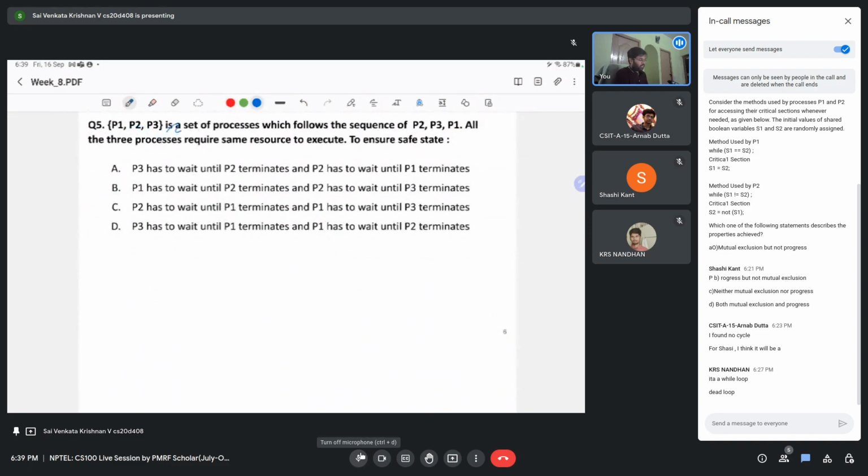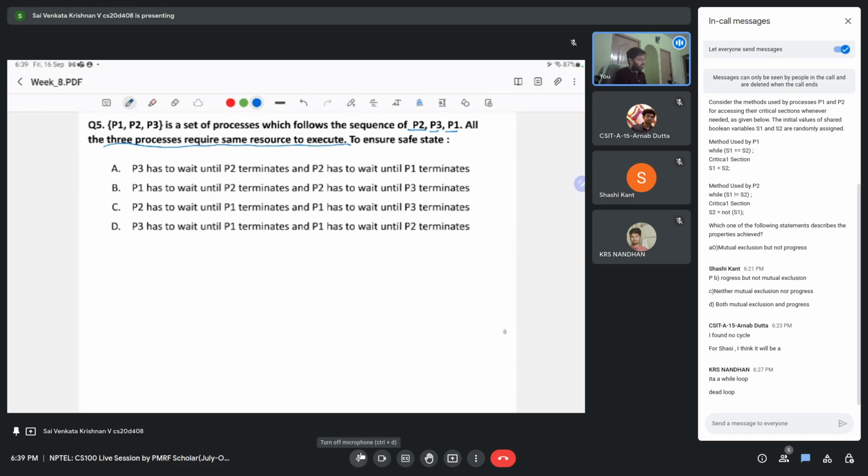Given three processes P1, P2, and P3, and the process starting time, they arrive in the following order: first P2 arrives, then P3, and then P1. This is the execution order of the processes. Assume that all three processes require the same resources to execute.